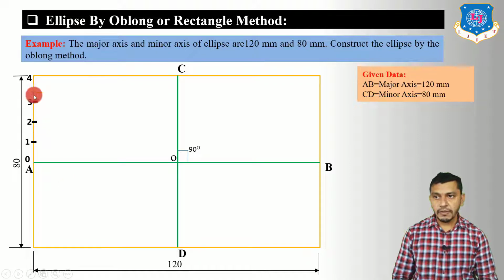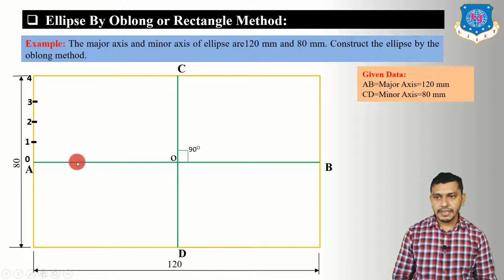As we have divided this vertical length into 4 equal divisions, we must also divide the length A to O into 4 equal divisions. Here also you can use the inclined line method, or you can use the scale if it is possible. Right now the length between A and O is 60 mm, so if you want to divide it by the scale, you can use 15 mm for each division.